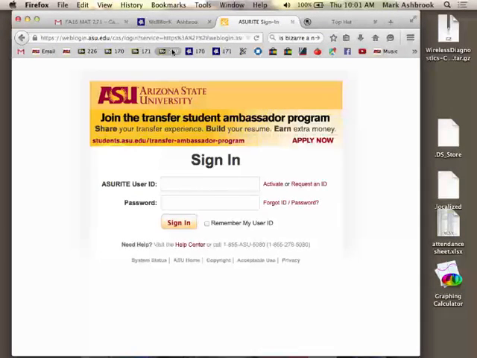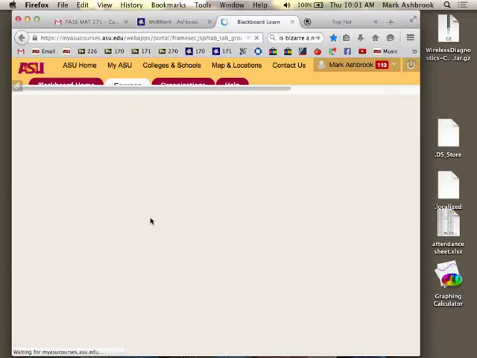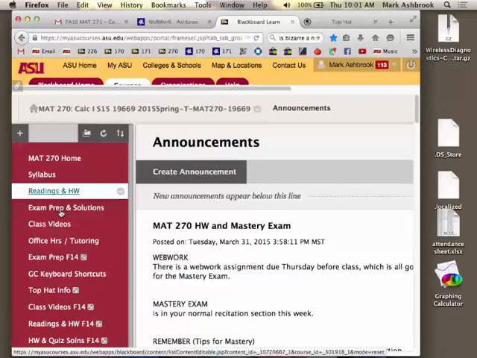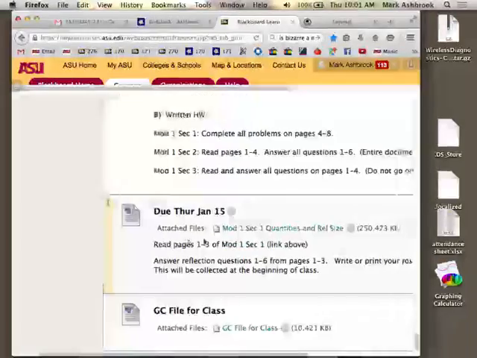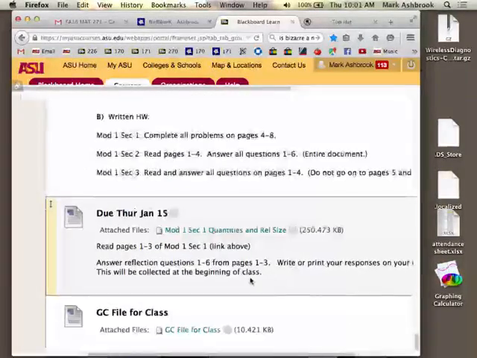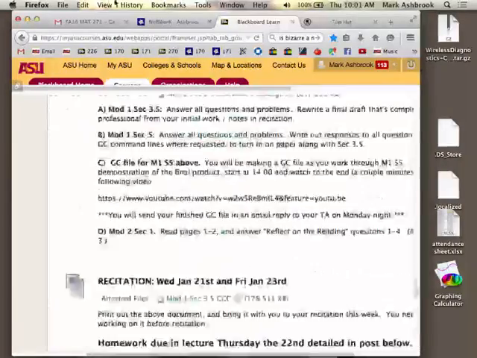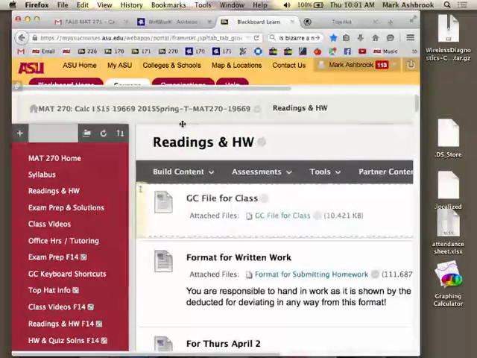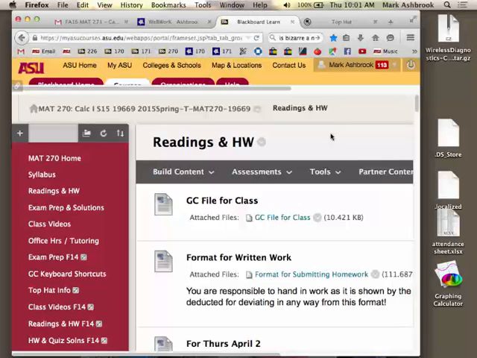Go to Blackboard, our Blackboard course, and go to assignments or readings and homework. I'm about to move it up. Hold on a sec. At the very top, it should be up there now.